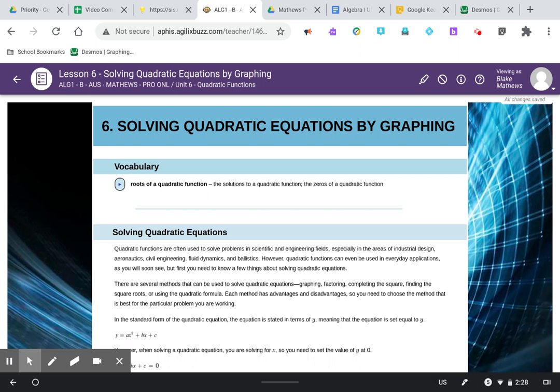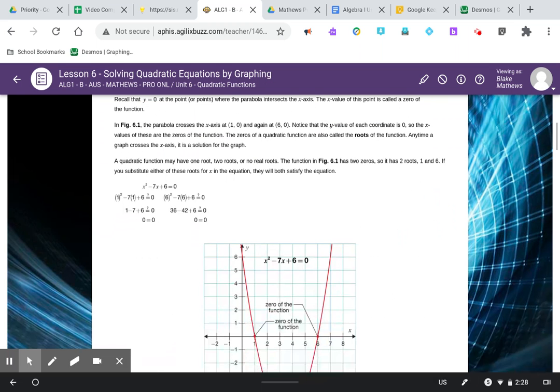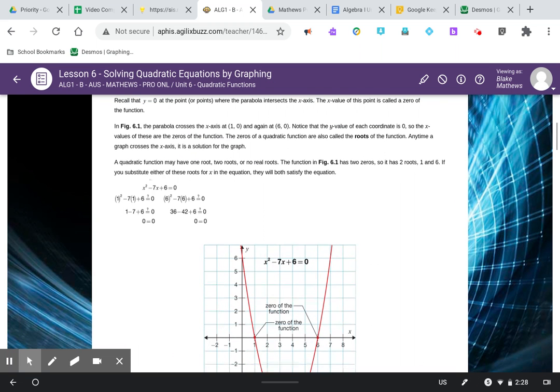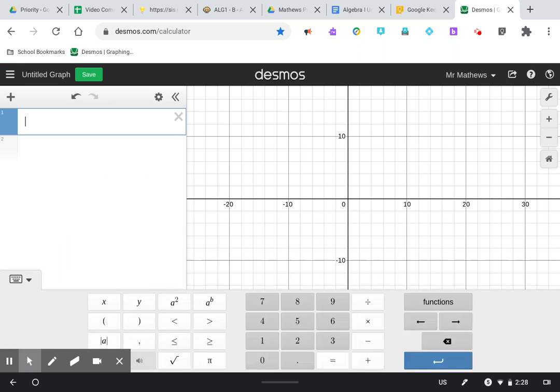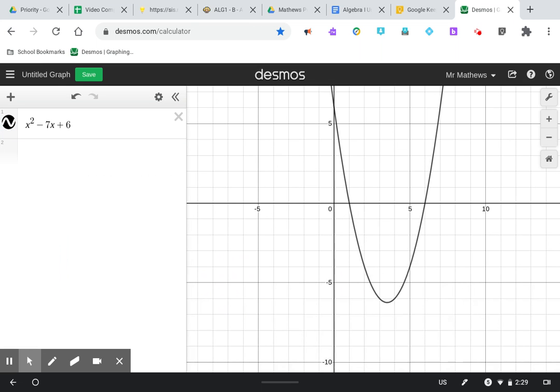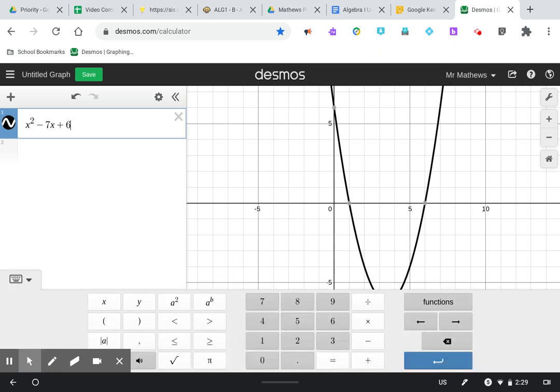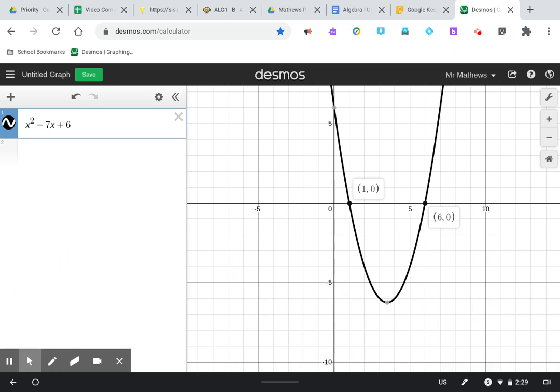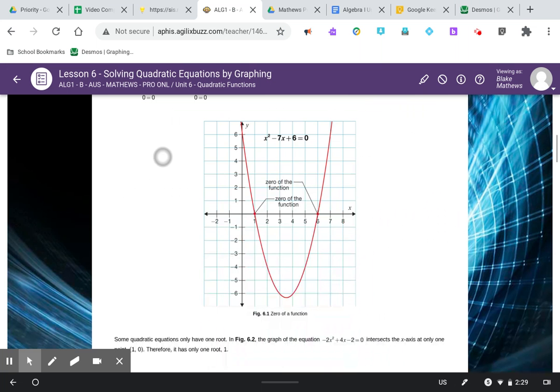So let's just say we're looking at an example. And we'll use their example right here. We have x squared minus 7x plus 6. Right away, I can see, based on the Desmos graph, that I have x-intercepts at 1 and 6, which if you look back at the lesson and the example, that's what they got for their solutions.